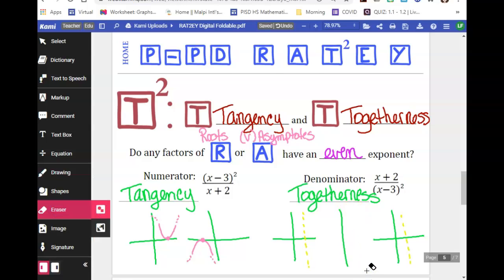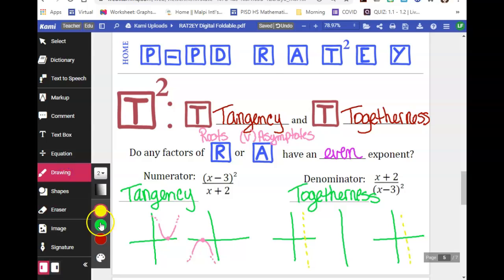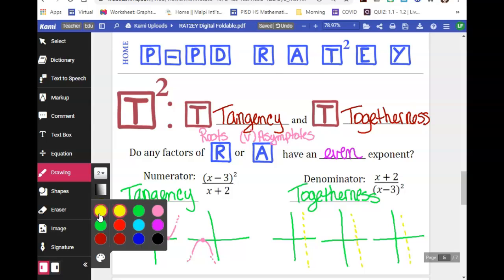Oh, it took away my line too, of course. Okay, I don't know if that's any better or not. All right, so the togetherness has to do with what's happening on either side of the asymptote.